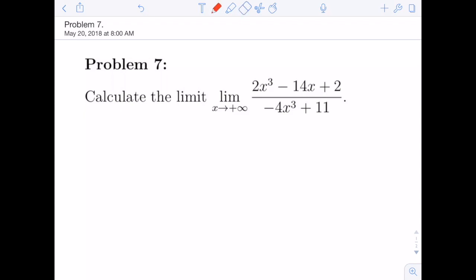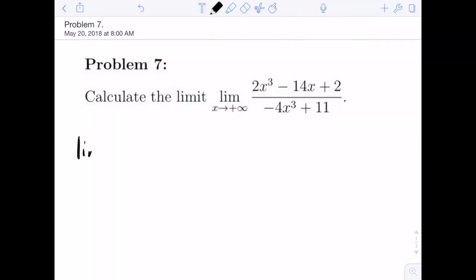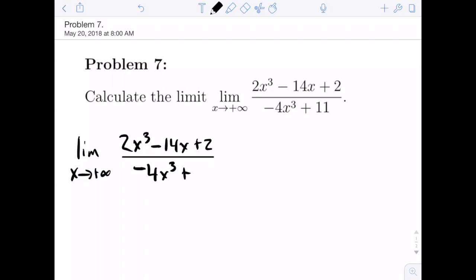Okay, so just to write it out, the limit as x goes to plus infinity of 2x cubed minus 14x plus 2 divided by minus 4x cubed plus 11 is equal to 2 over minus 4, which is the same thing as negative 1/2. And that's it. This is a pretty easy question.